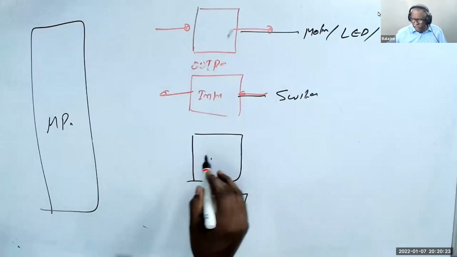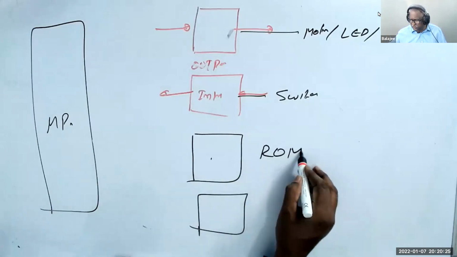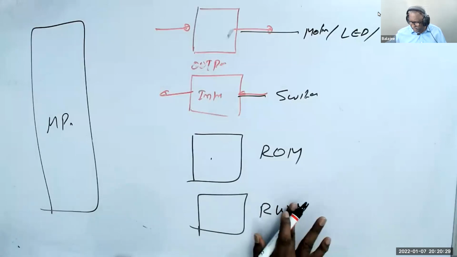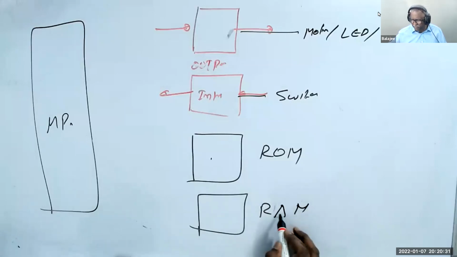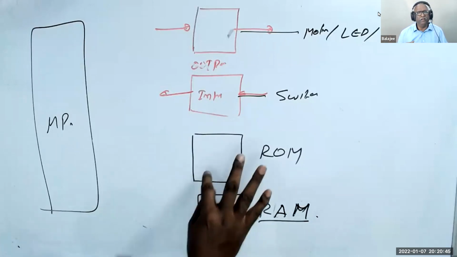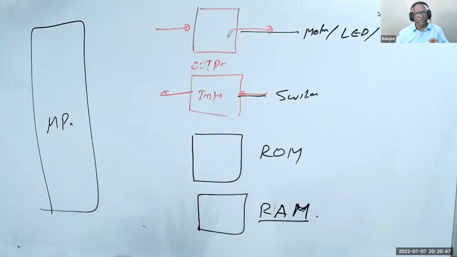This is called read only memory. This is called read write memory, but we are calling it RAM. We are calling it RAM, but actually it's read write memory. There's a small confusion there that I'll explain to you in the memory case. Don't try to get into it. Right now, you know it as RAM.